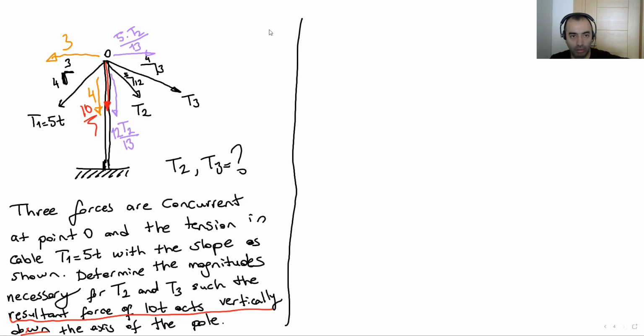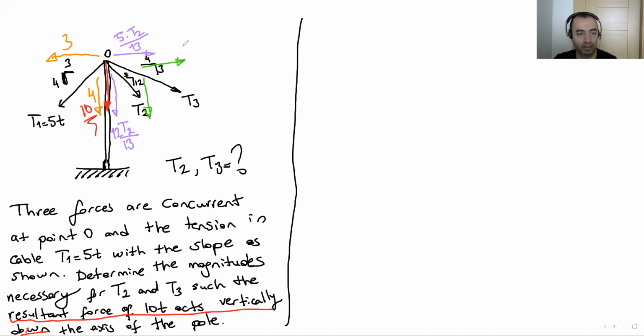Let's do T3. Let me write T3 here and here. I know all these forces are acting at this point, but they would mix with each other.